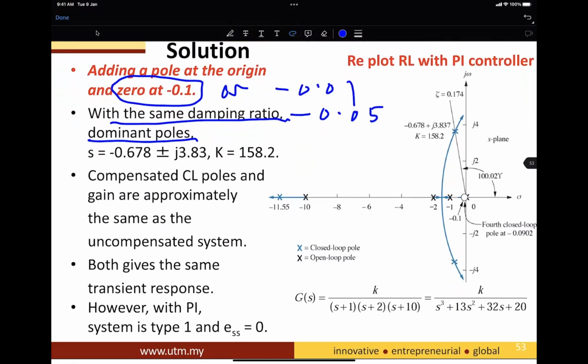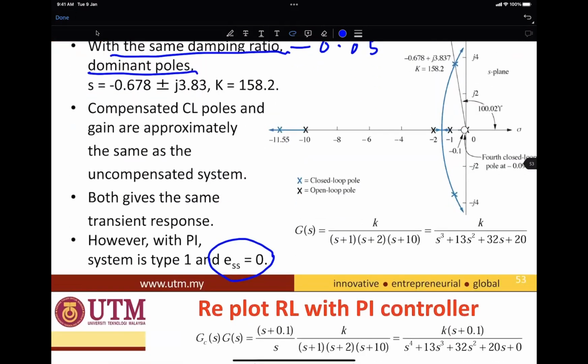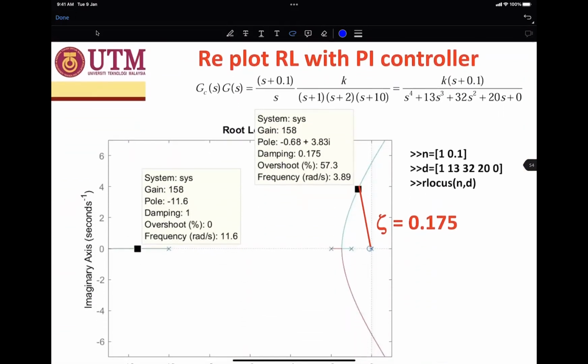When we attach this PI controller cascaded to the open loop transfer function, the system type will be increased from 0 to 1, and the steady state error goes from a finite value to zero.